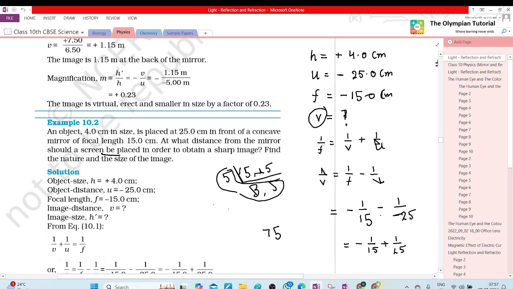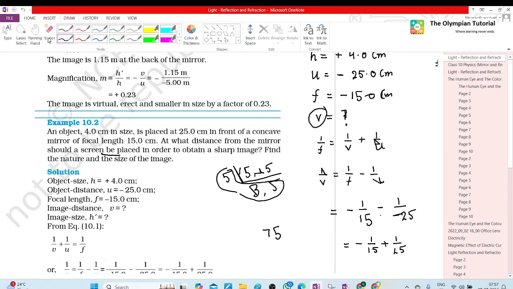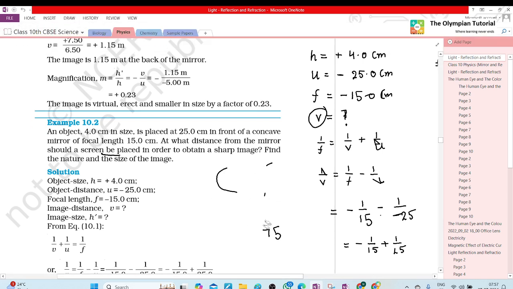You have taken 75 as the LCM? Yes, ma'am. So it will become 15 fives are 75, minus 5. Now 25 threes are 75, so it will become plus 3.